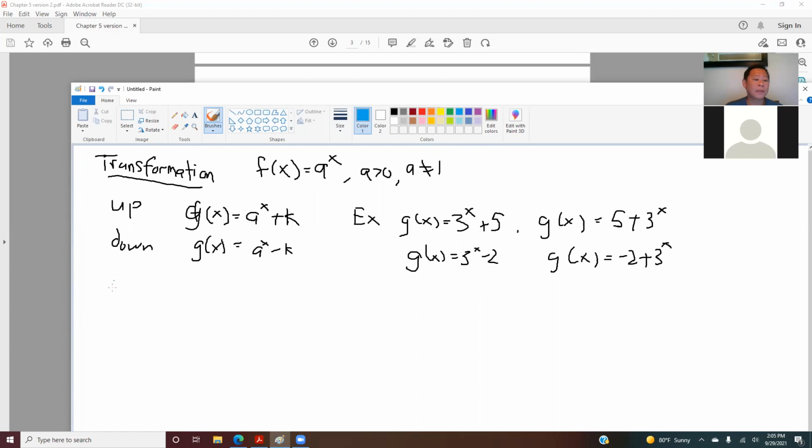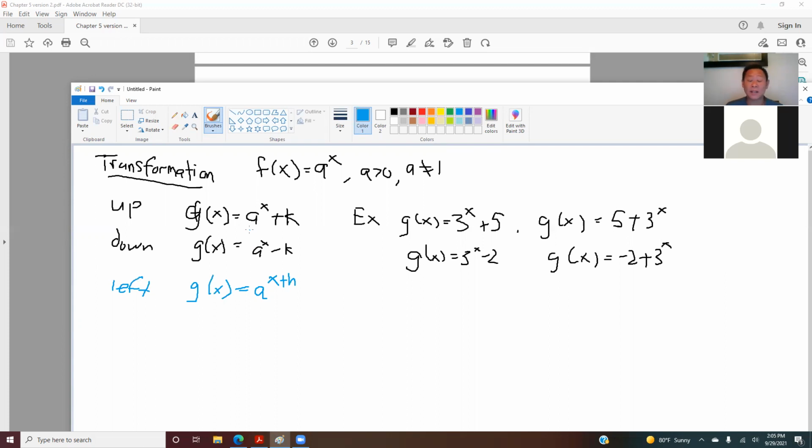The next transformation we can have is left. So in order for us to know if your function, your exponent, is moving to the left, your number is on the top of the power, and it is positive. A lot of people think about the coordinate system, where plus means you go to the right, minus you go to the left.